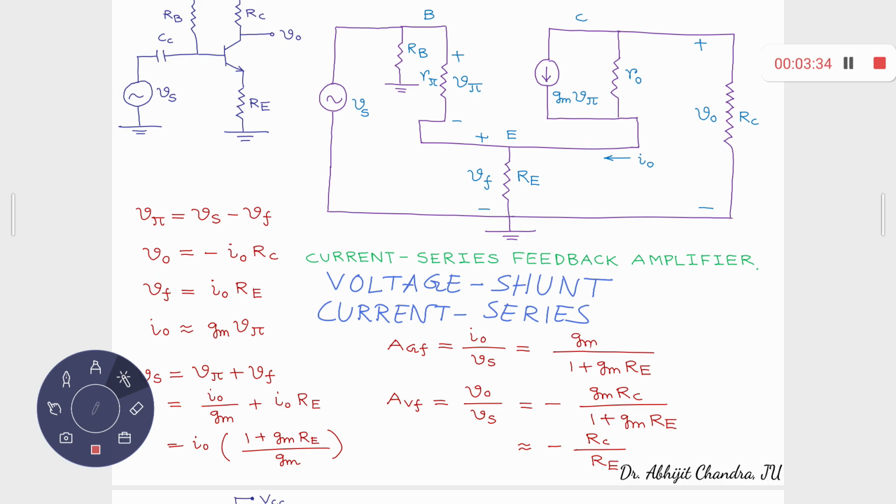You know that voltage series and current shunt cannot be designed using single stage common emitter amplifier. For the time being, let's focus our discussion on common emitter amplifier only, and gradually we will move to common base and common collector. So it is not possible to design the voltage series and current shunt using single stage common emitter amplifier. That is the question.